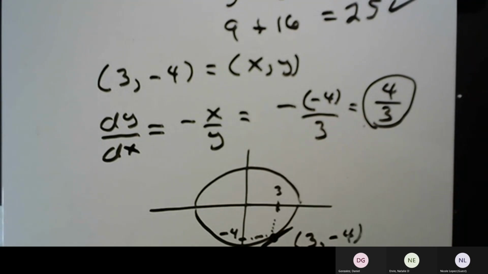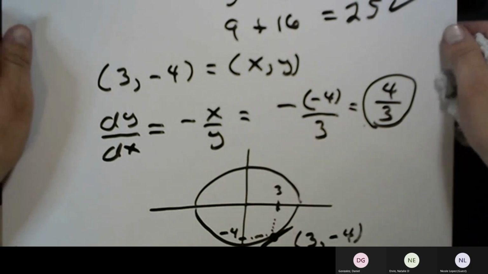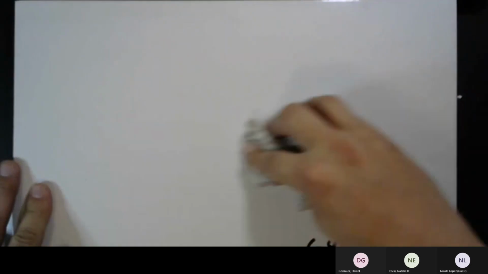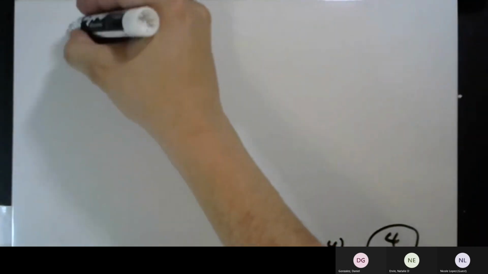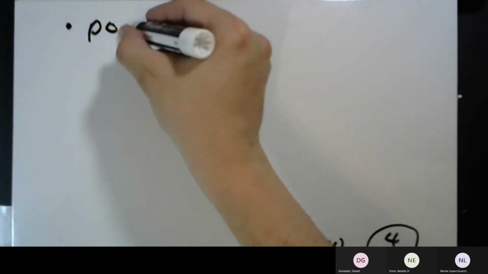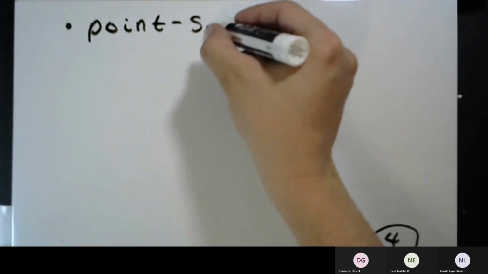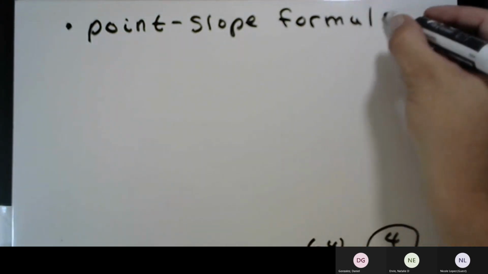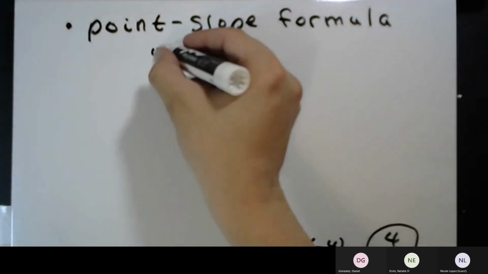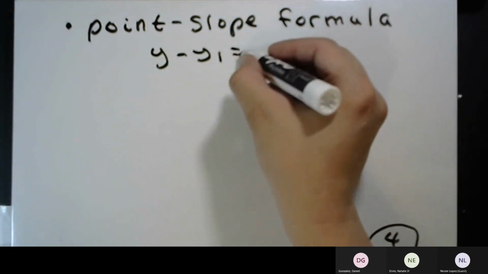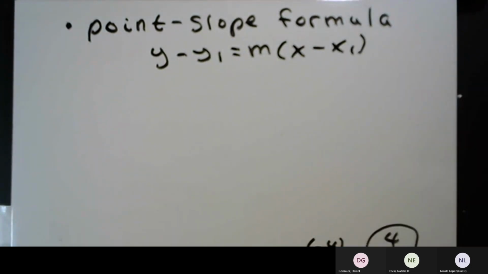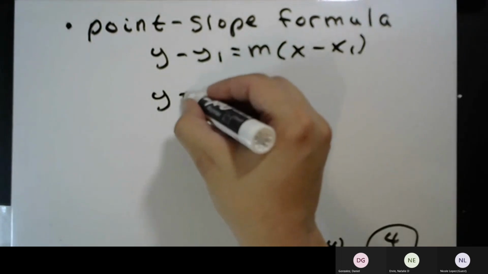Now let's find the equation for that tangent line. And to do that, we're going to use the point slope formula. Our good old friend from algebra. So in this case, our m is going to be that slope.